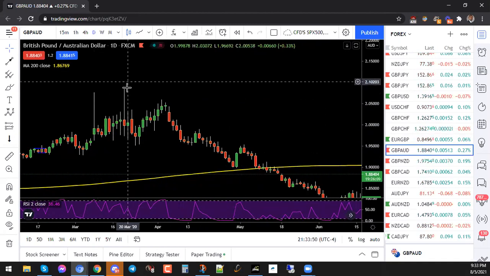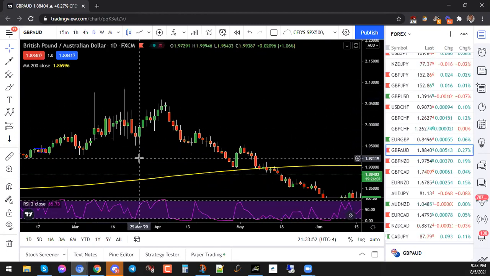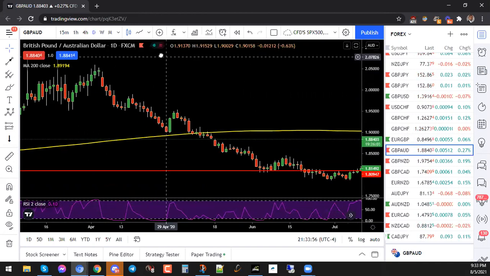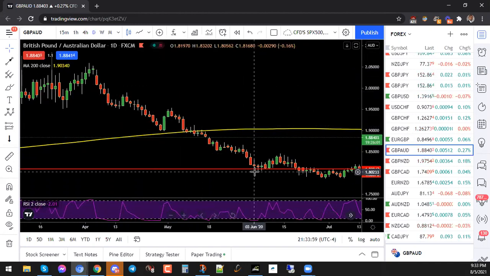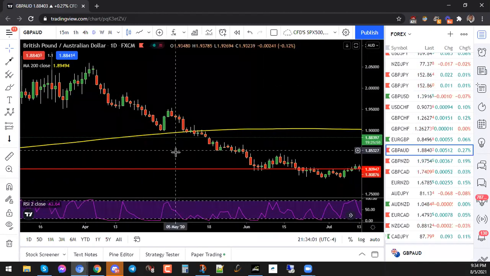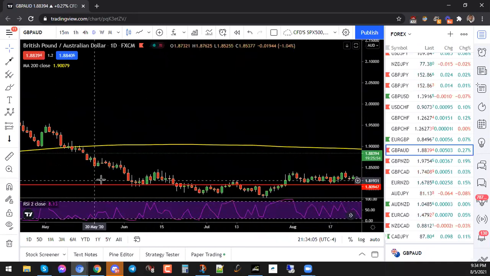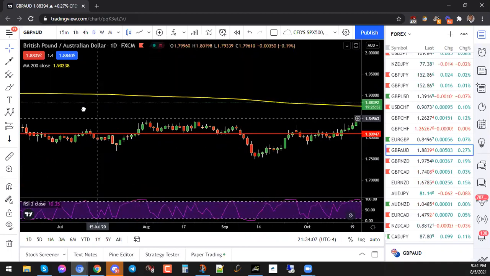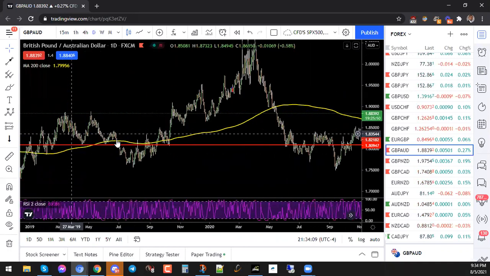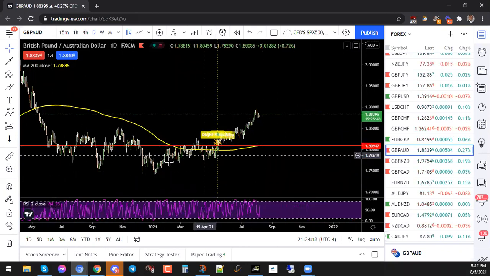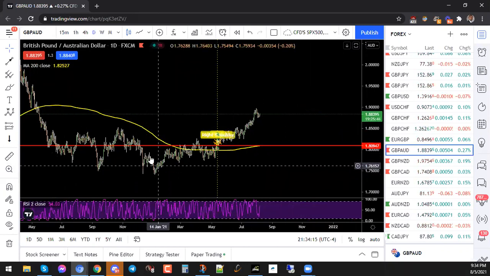All right, so this could potentially be our first impulse down. So we have impulse, we have correction, and then we have a 5-wave move down. So this is now 1, 2, 3. And we have this happening at the moment. These big corrective type moves.